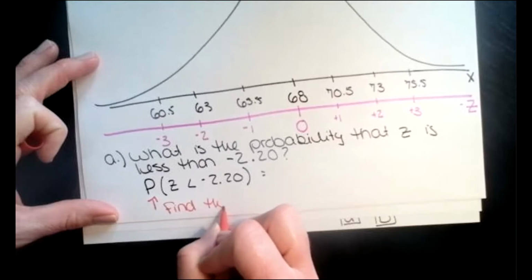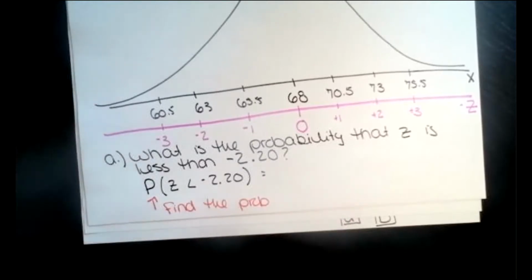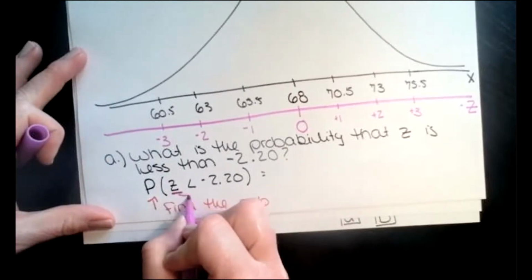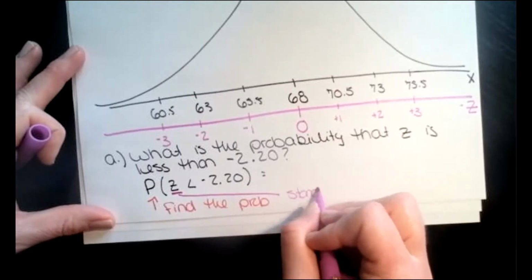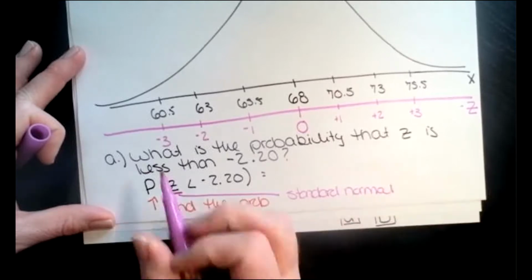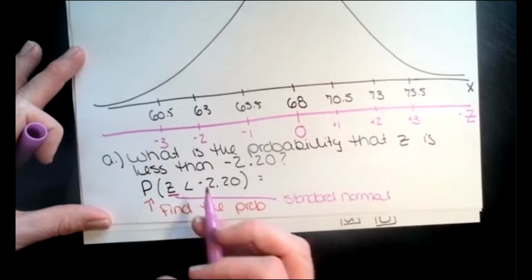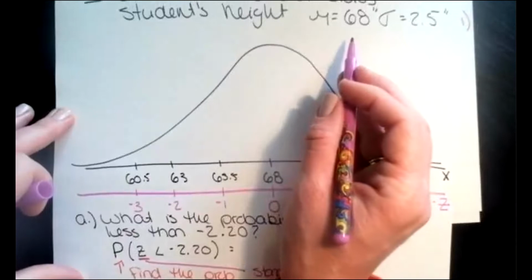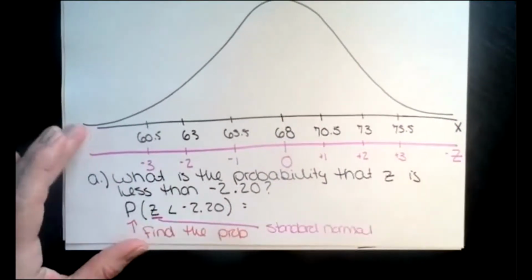Then I also see that I have a Z here. This Z is standard normal. That means I'm looking at this horizontal axis, the 0s, 1s, 2s, and 3s. If it was X, I would be studying the student heights like we did in last class. Although I'm still studying student heights, it's just now I've standardized them.